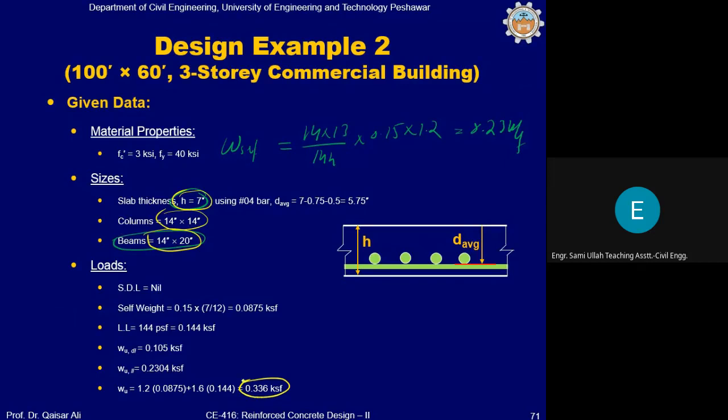And the total load acting on the slab is calculated and it is equal to 0.336. तो ये जरा नोट करें अपने साथ.